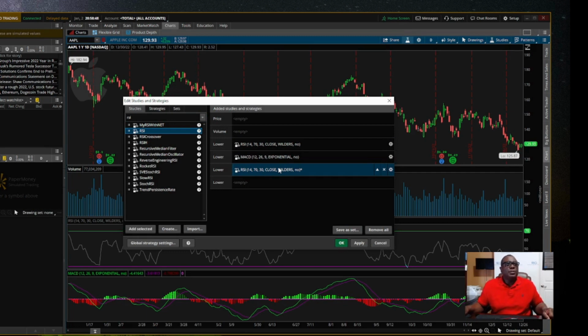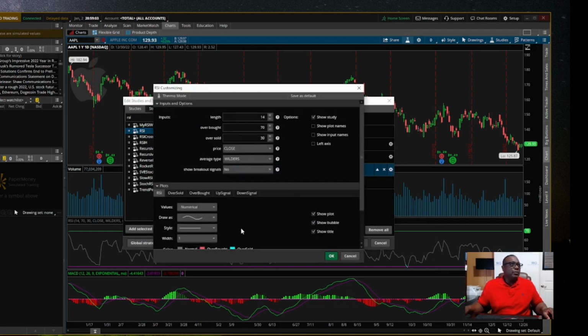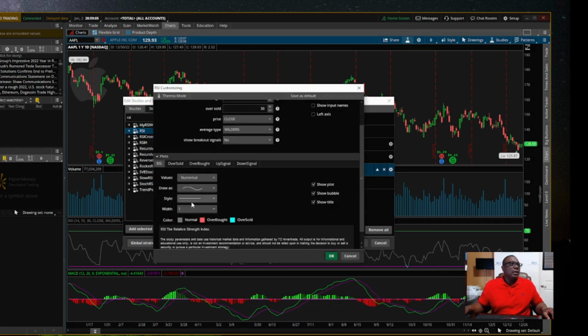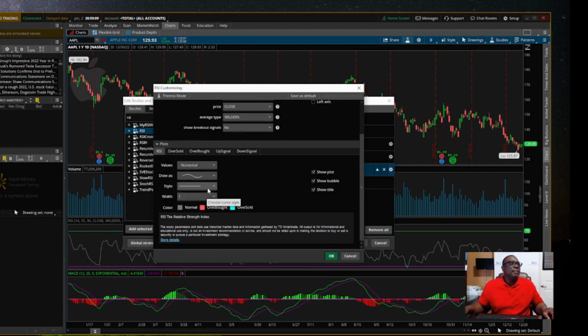And what I like to do with the RSI is I like to change the colors for green when it's at the 70 and purple when it's at the 30, kind of like the Incredible Hulk theme. The Incredible Hulk, when he was strong, he was green. When he was weak, he was purple.